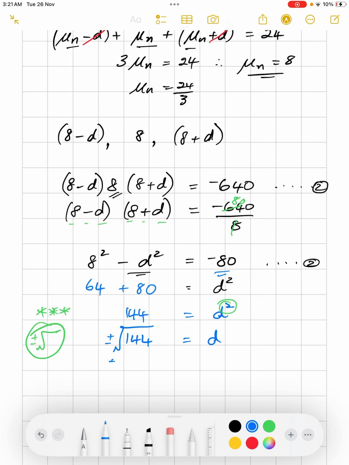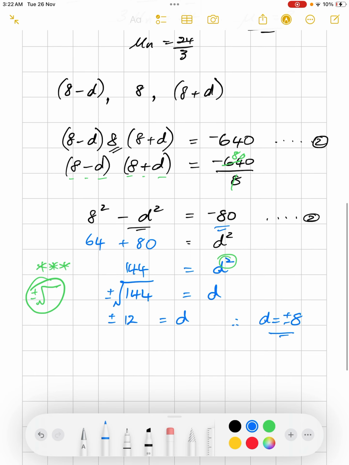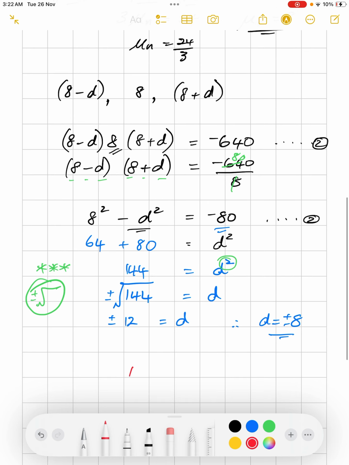So d could be plus or minus 12. And we're told, what are the three numbers? Well, the middle number was 8.